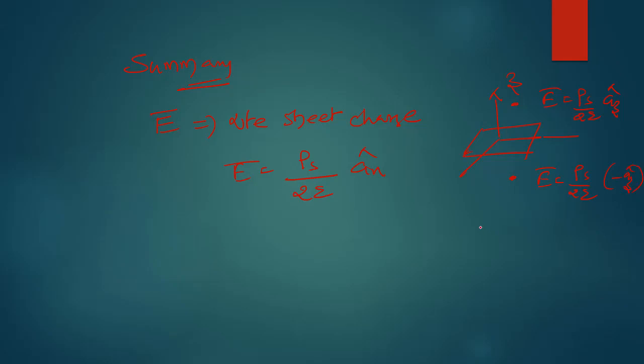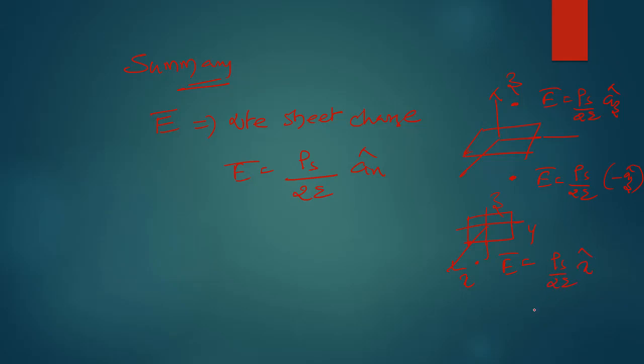For example, your sheet is on the yz plane. This is y, this is z. Now this is x. You need to calculate above, that means towards the positive x direction. If you want to calculate the electric field there, then E bar is given by rho s by 2 epsilon a x cap.